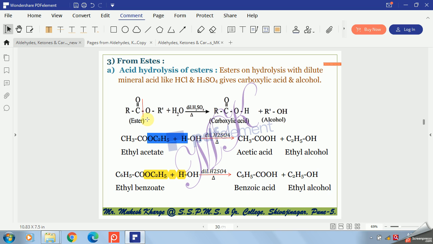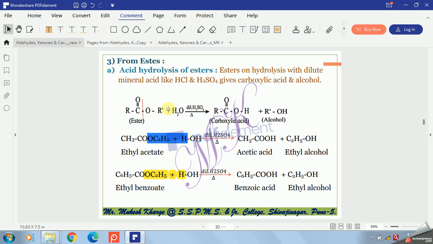If we prepare higher esters of fatty acids, then the reaction is esterification. To avoid that reversible reaction, we use dilute acids, and in that case we have to use concentrated acids. That we will discuss in the chemical properties under the heading of formation of ester or esterification.